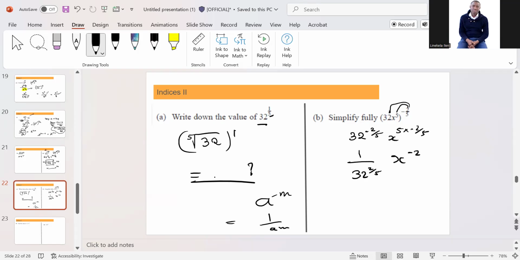So we end up with something like that, which also means that we can inverse this now, because it comes in the same form as that. So we now have 1 over 32 to the power of 2 over 5 times 1 over x squared. Then yes, we can rewrite this as a root, because now this becomes 1 over the fifth root of 32, and then you bring the 2 outside.